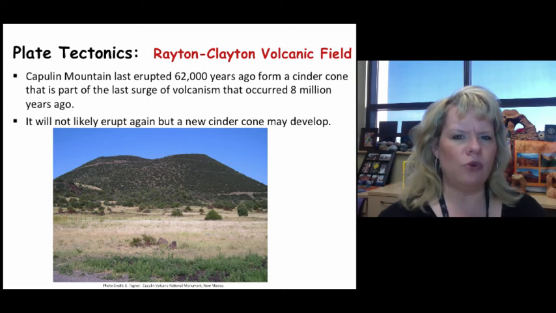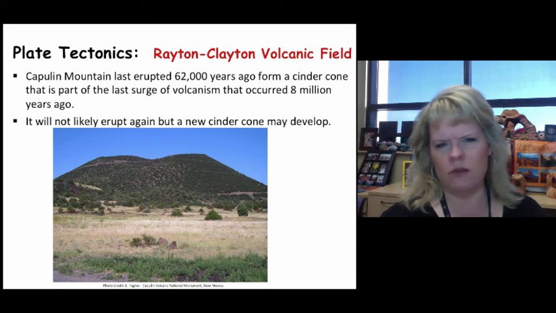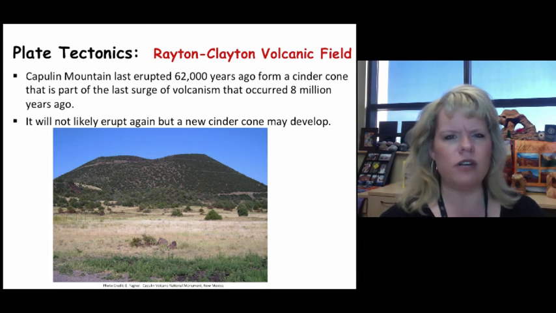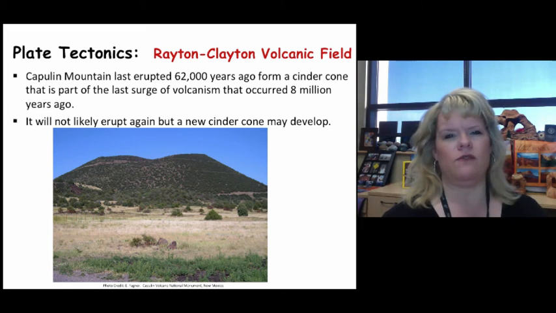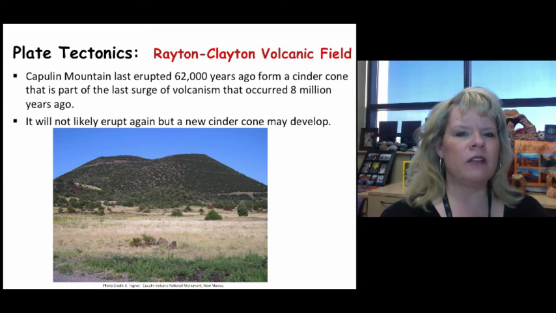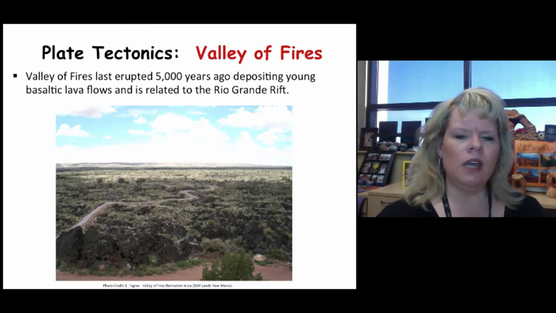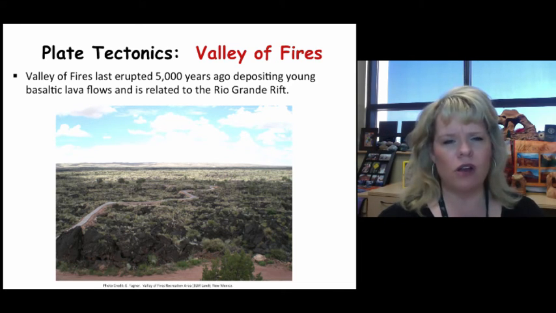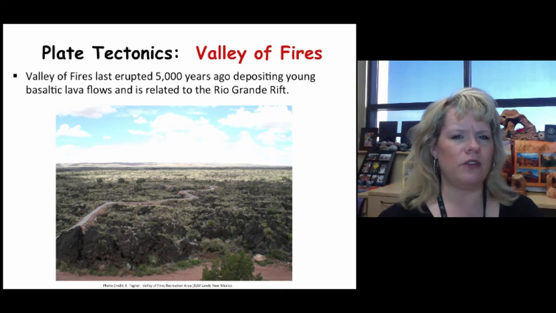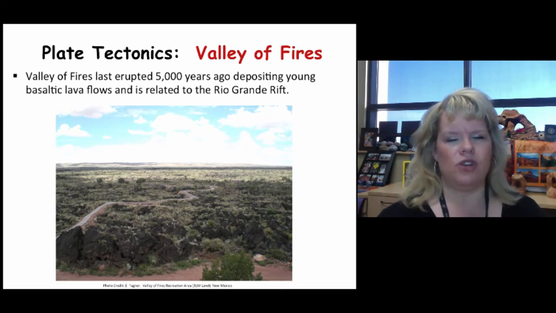So as you travel through New Mexico, it's a complex system of different types of volcanoes that have erupted and different personalities of the same types of volcanoes that have erupted. But Capulin is famous for this area. This is the Valley of Fire, and it's a place that's in New Mexico representing the same Rio Grande Rift stuff, and it erupted in the Holocene 5,000 years ago.